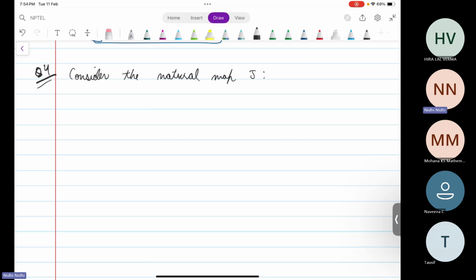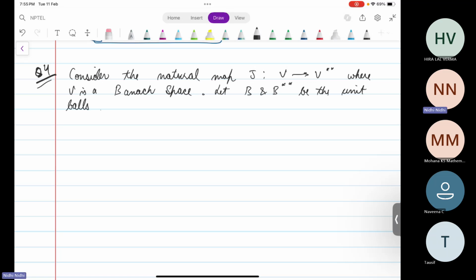Map J from V to V star star, where V is a Banach space. Let B and B star star be the unit balls in V and V star star respectively.